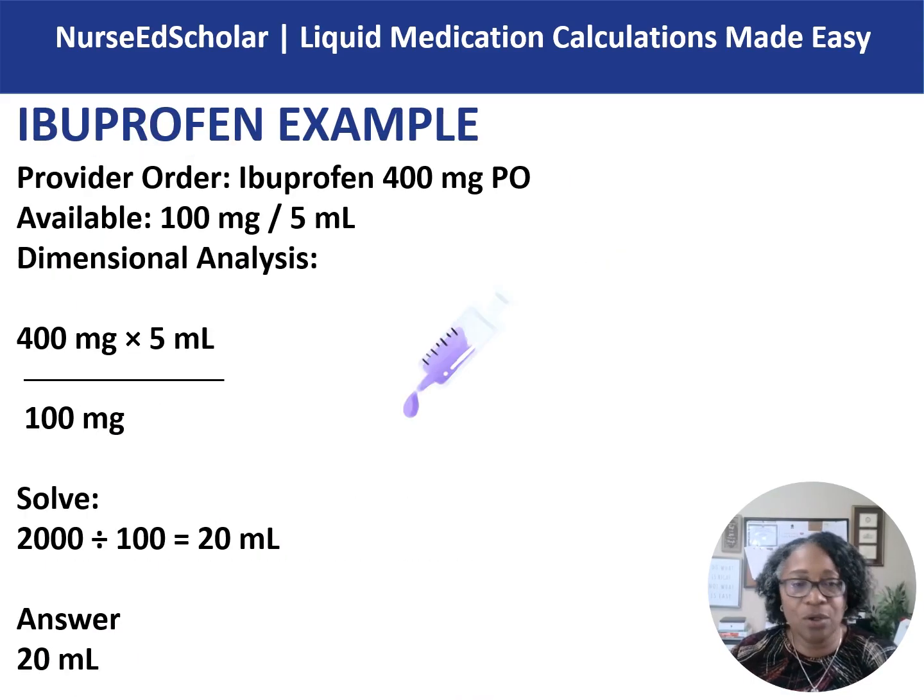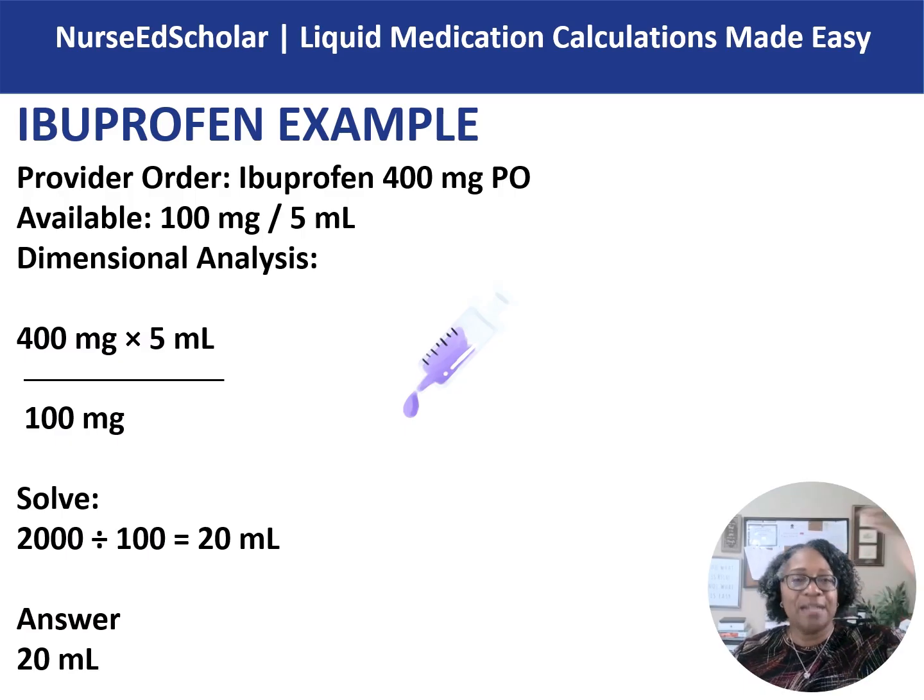Okay, let's move on to another example. Ibuprofen. So the doctor ordered 400 milligrams by mouth of ibuprofen, and the hospital has available 100 milligrams per 5 milliliters. And so, same kind of setup. You'll have what's ordered, 400 milligrams, in the numerator, and then the concentration, 100 milligrams per 5 milliliters.